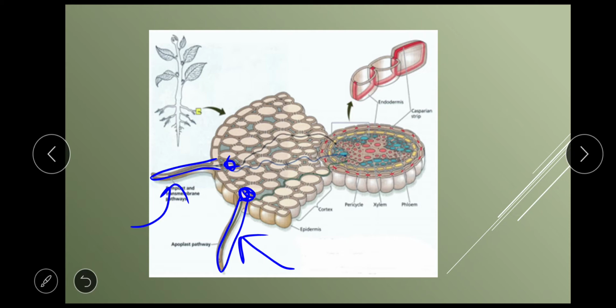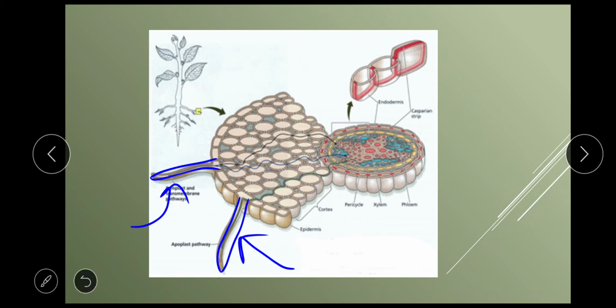From these two cells, the water will go in the next cell, from this next cell, it will go in further next cell. So you can understand, slowly it will reach here.